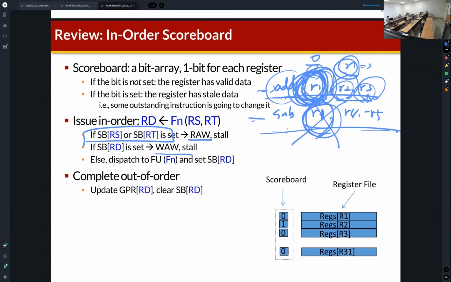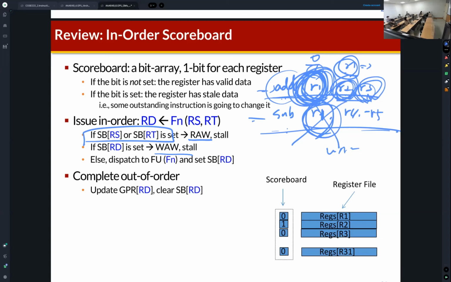By doing this with the scoreboard, we just handle the WAW hazard. The GPU just handles the WAW hazard. So it's very simple. The scoreboard just checks the availability of all registers of the instruction.